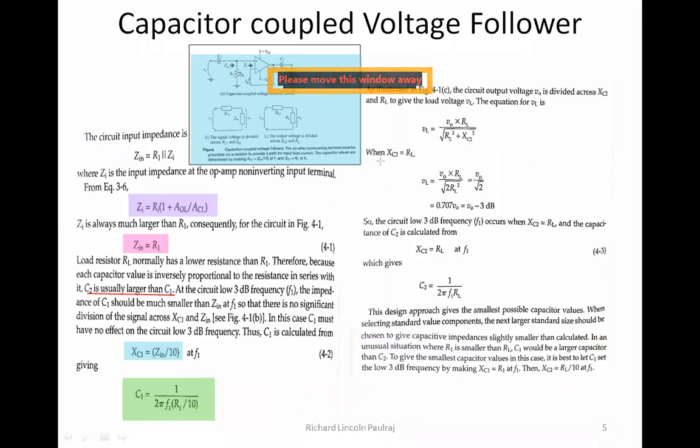Now let us concentrate on this diagram here. In this diagram, we have V0, XC2, RL, VL. As we have seen, the circuit output voltage V0 is going to get divided between the impedance of XC2 and RL.